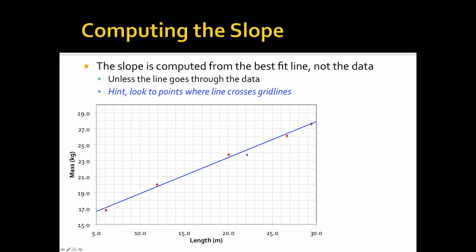So what I'm going to do is choose some data points on here that cross the grid lines. I've got these grid lines. So if I choose a few data points, I can find two here that look like we cross right where the grid lines cross. So I know where those are. This one is at 28 and 27.